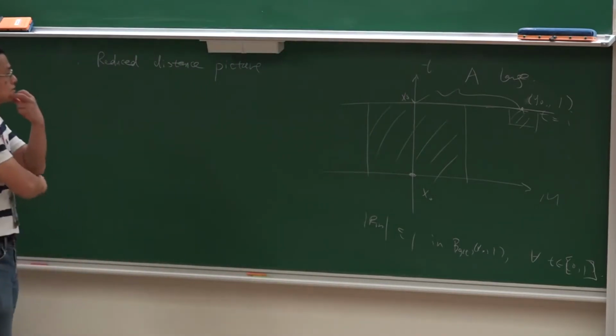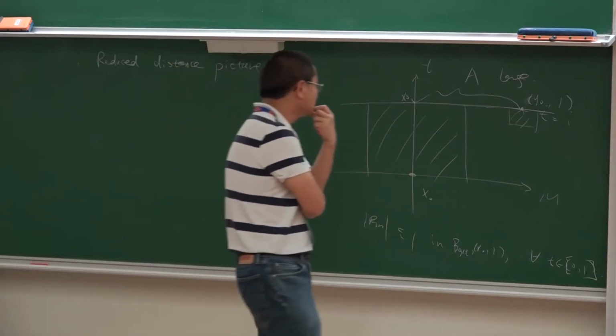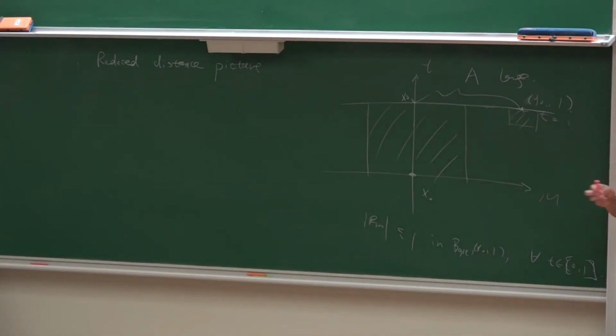Perelman has a theorem in chapter 8 of his foundational paper. He said that you can use the reduced volume picture.